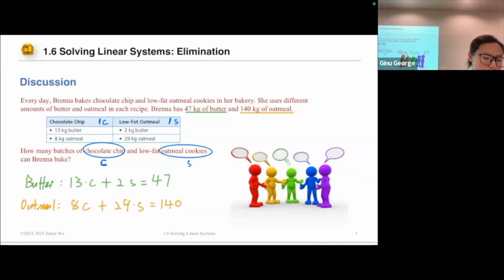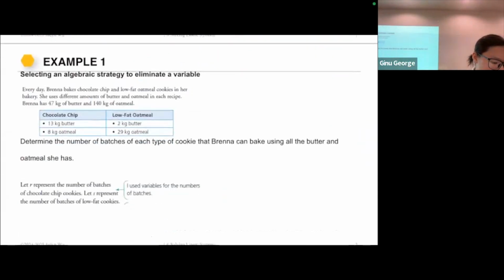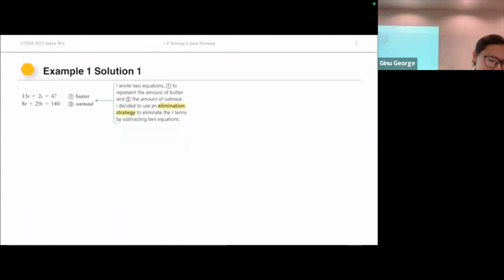Next, I want to solve this system of linear equations. This is the equation I have. Instead of C, I use R to represent the chocolate chips being produced, and S to represent the oatmeal cookies produced.